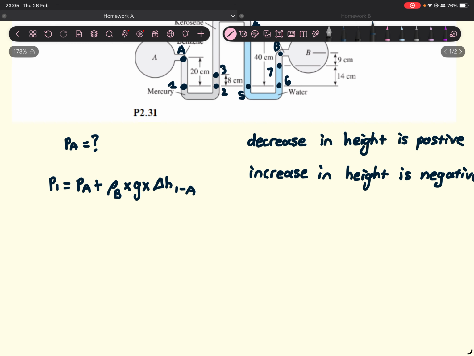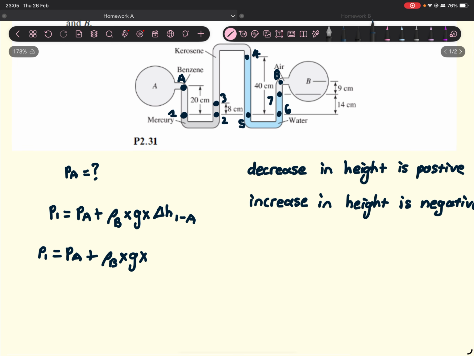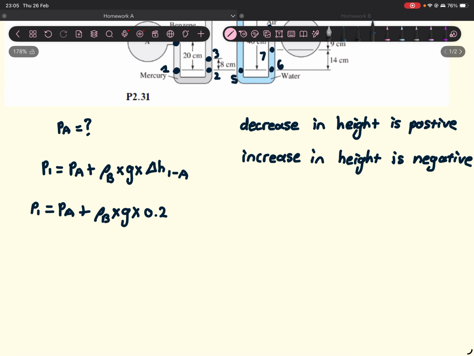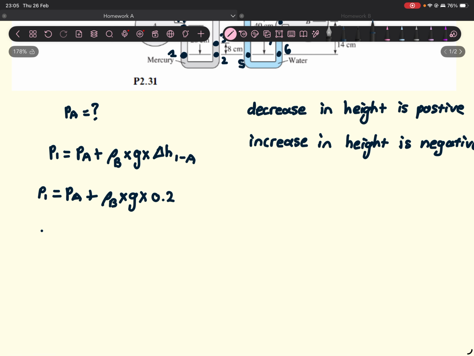So the pressure at 1 is just PA plus rho of benzene times g times the height, which is 0.2 meters, right? Cool. Then P1 will be equal to P2, okay?